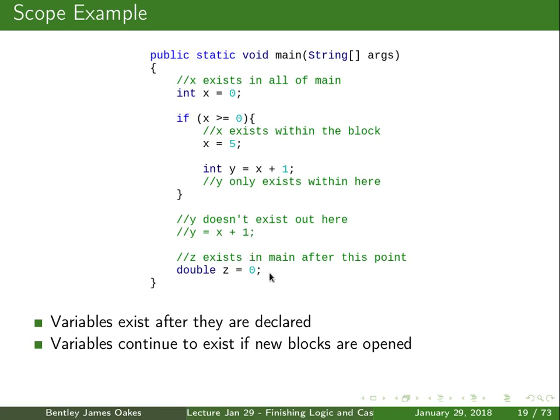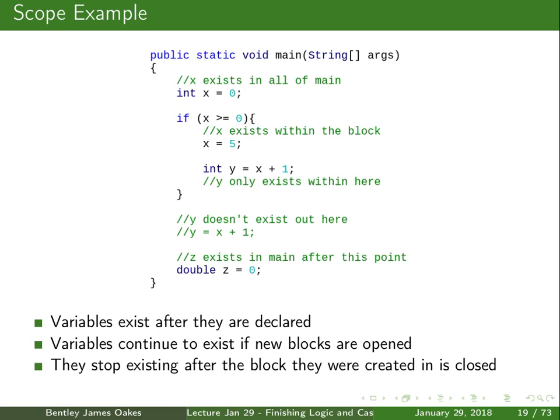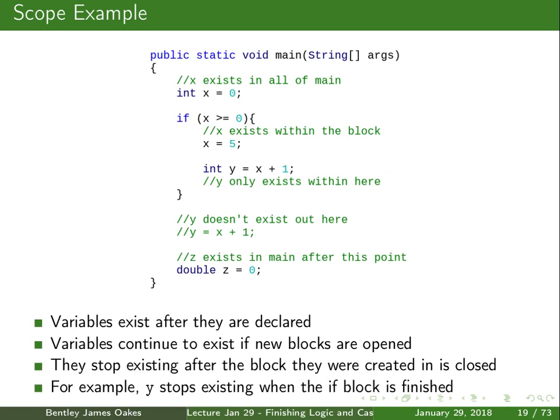And then if we have double z is equal to 0, that variable only exists after it has been declared. So variables stop existing after the block they were created in is closed. For example, y stops existing when the if block is finished.